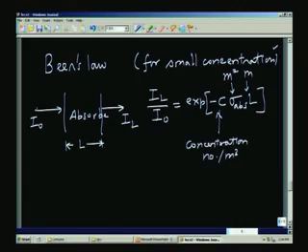Lambda on is the wavelength or the frequency at which the light will be absorbed by the particular gas which I am interested in. It may be water vapor, for example, or carbon monoxide, carbon dioxide, any of the gases of interest. And lambda off is the frequency which is very close to lambda on, but is such that there is no appreciable absorption by the species at that particular wavelength or frequency.